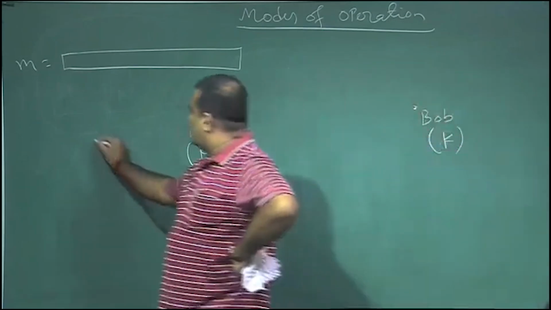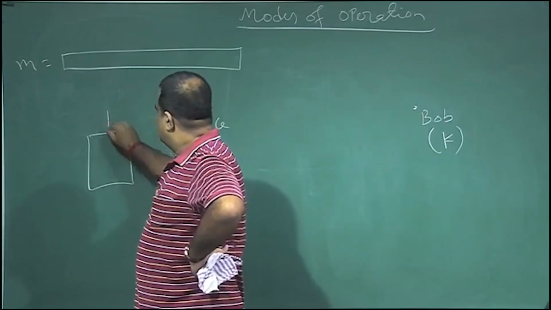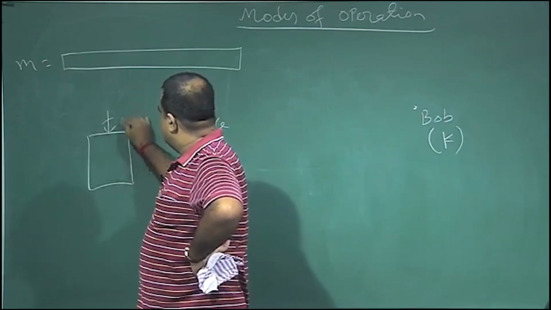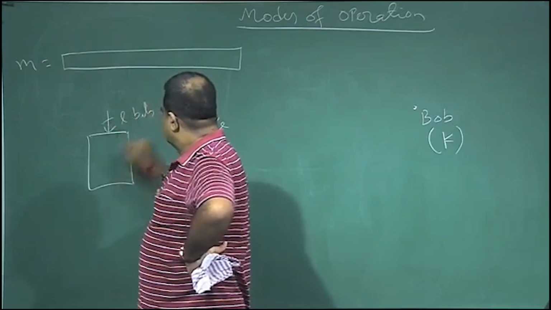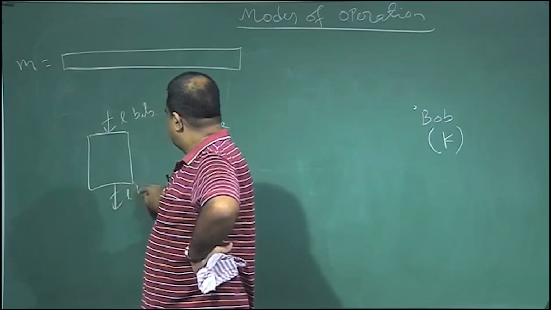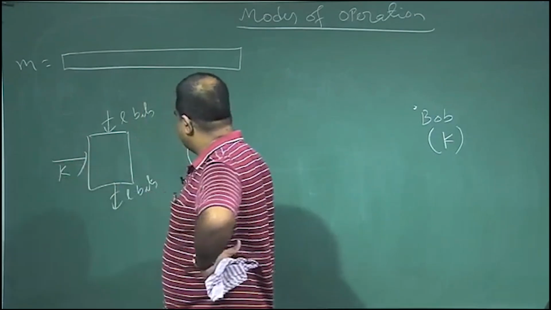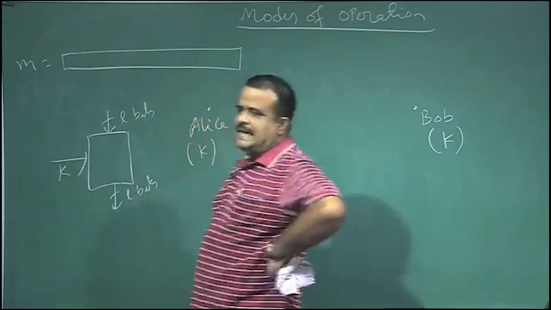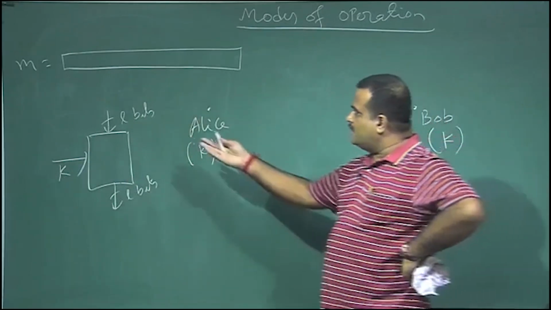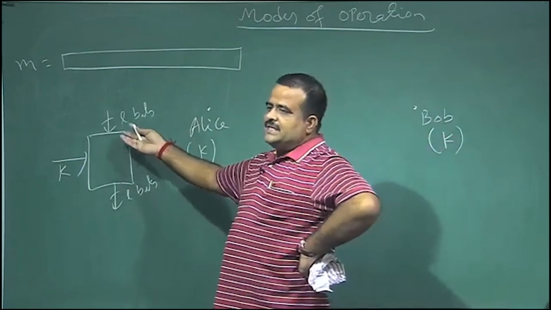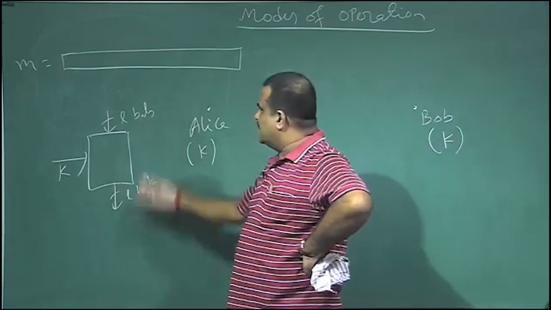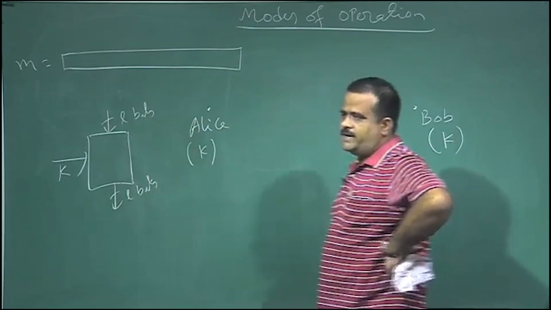So, they have an L bit block cipher with the same key. This could be DES, AES, SPN depending on L. I mean, if it is DES, L is 64-bit, if it is AES, L is 128-bit.